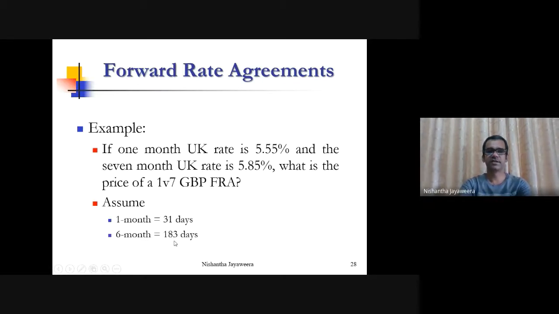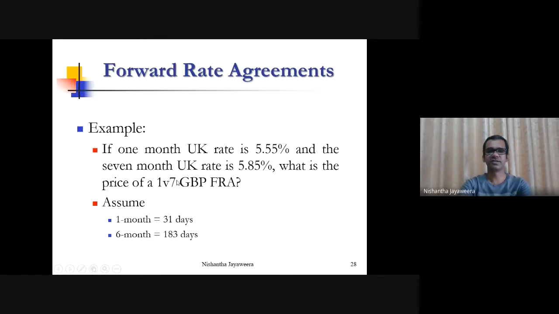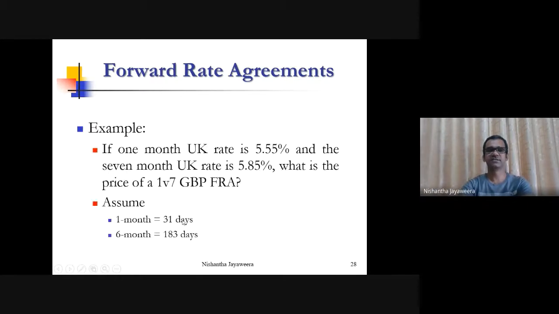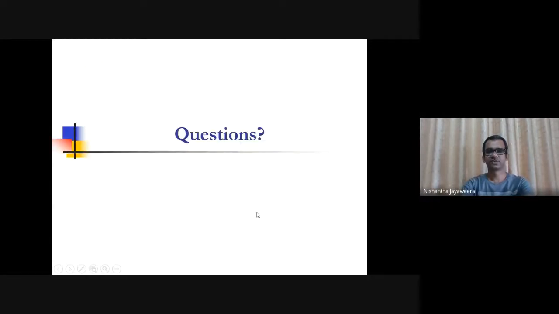So know this equation, substitute that. 6 month period, 183 days. But remember, from the beginning, there are 7 months. So for that 7 month period, number of days is the total of this 183 plus 31. Don't use 183. So the fixed rate would be 5.87 given this interest rate structure. So any questions?